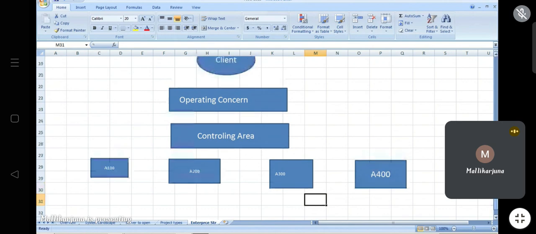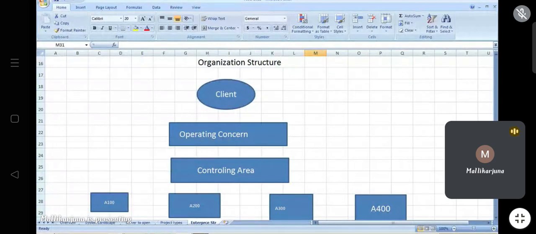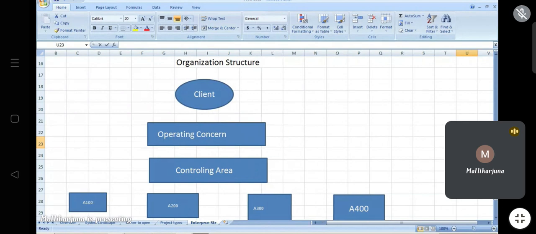Here, what we need to understand is that the highest node is the client. Thereafter come the operating concern, controlling area, and company codes.